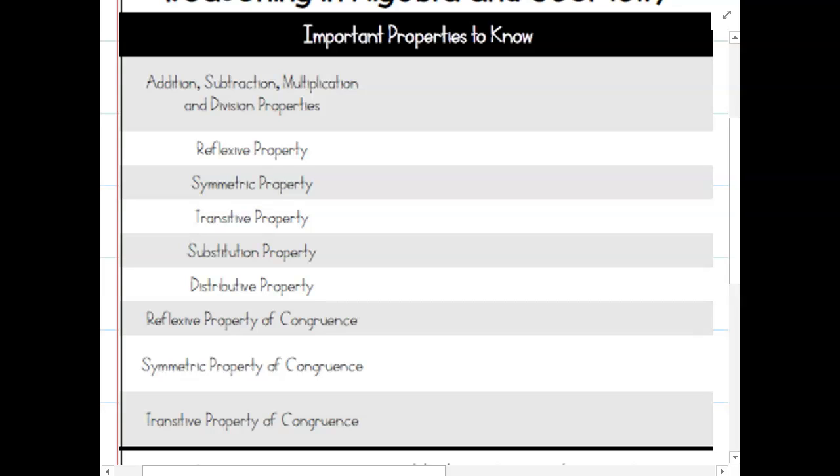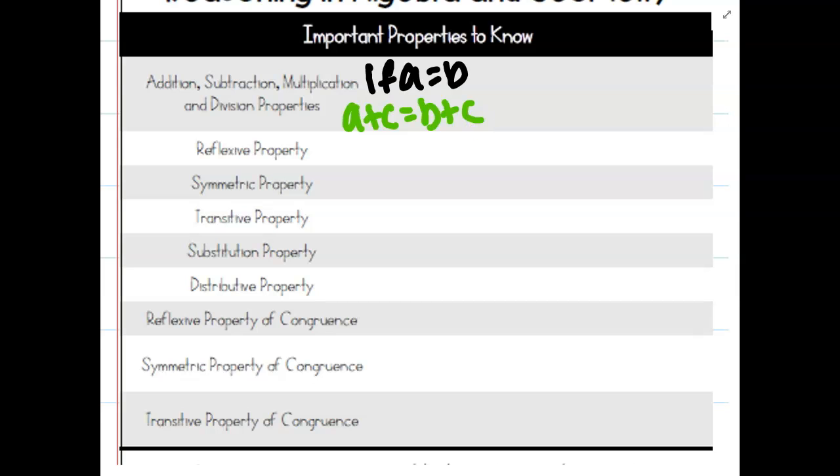Anytime you add the same number to both sides to solve an equation, that's the addition property of equality, or if you subtract the same number from both sides. So what that property looks like, let's start with our statement: if A equals B. The addition property of equality says that A plus C would equal B plus C. I can add C to both sides of that equation, and it works.